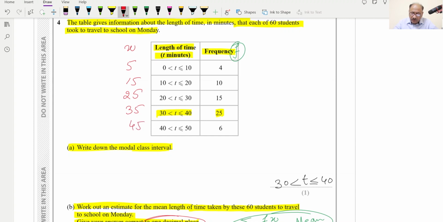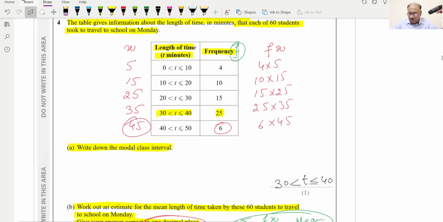Now we can find fx first. f is 4, so 4 multiplied by 5, then 10 multiplied by 15, 15 multiplied by 25, 25 multiplied by 35, and 6 multiplied by 45. This is our fx value.